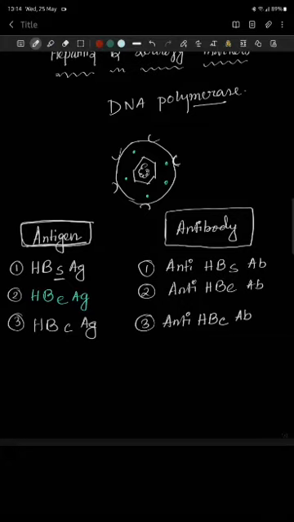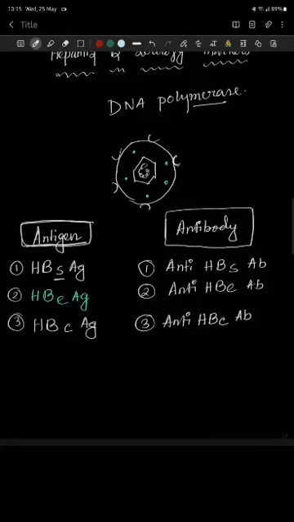Now, what do you think, which marker came first, antigen or antibody? Suppose someone has an infection of hepatitis B virus, which marker comes first? Use your brain.